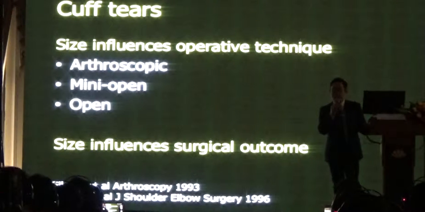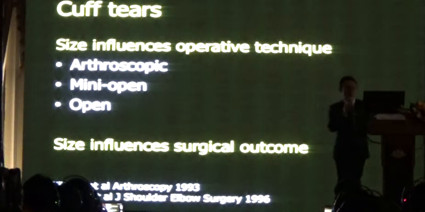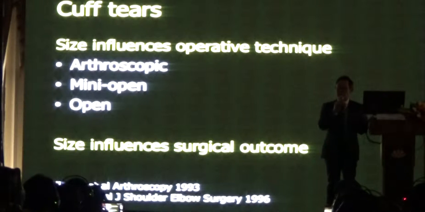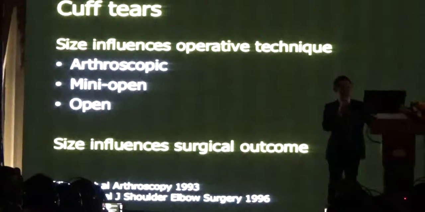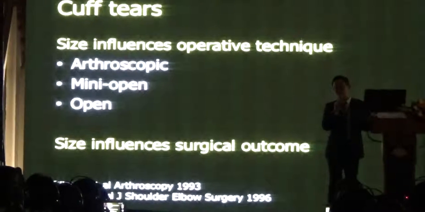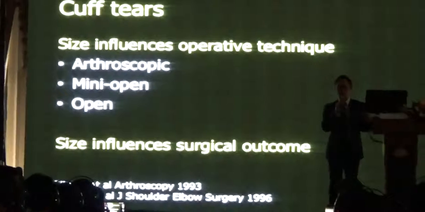We also know that it's important to know the size of a rotator cuff tear because it can influence what kind of surgery is performed. So it may be that surgery can be performed with arthroscopy, but if it's a larger tear, the patient may need open surgery. And we know that in terms of surgery, small tears do much better than large tears.